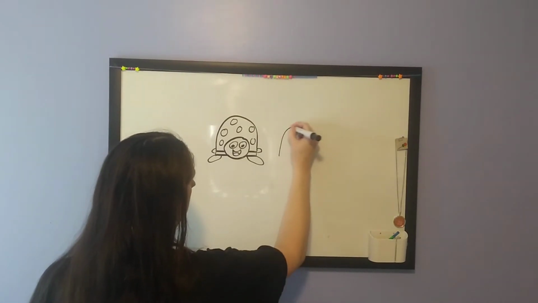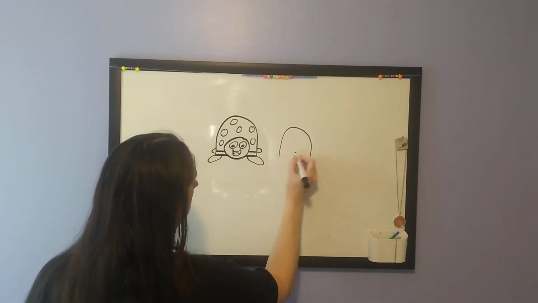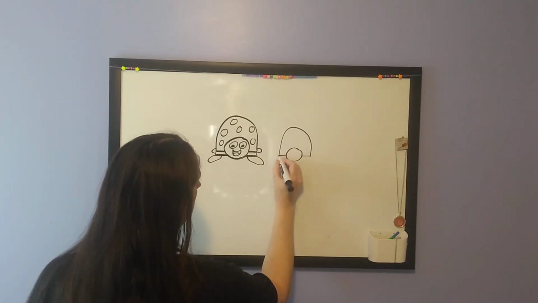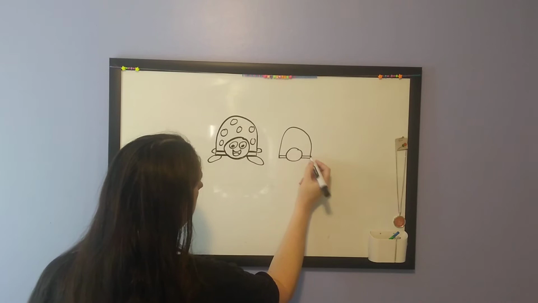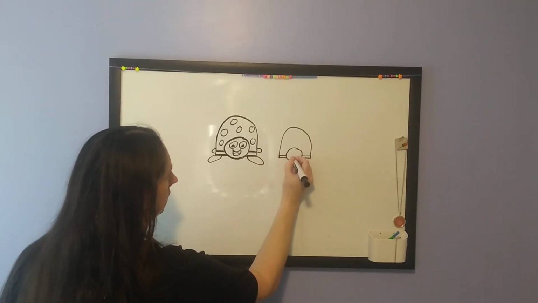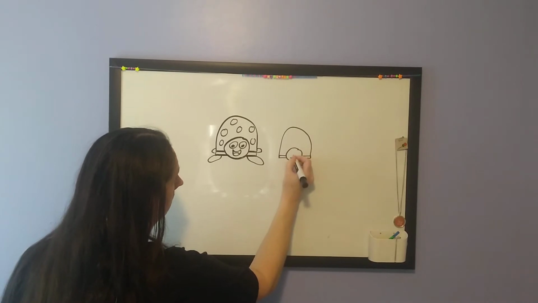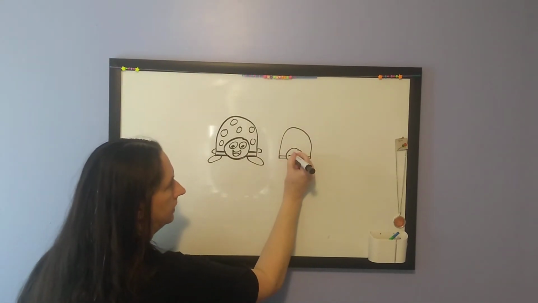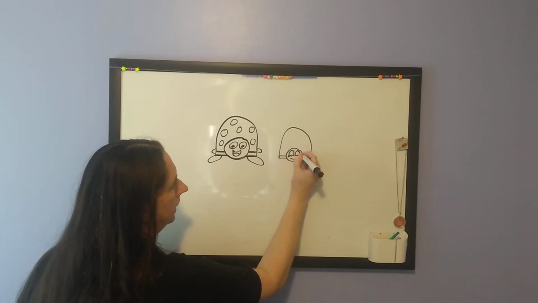I could do another one over here. And instead of this one being happy like this guy, she could be asleep. Could have simple little eyes like this. You can give her some eyelashes.